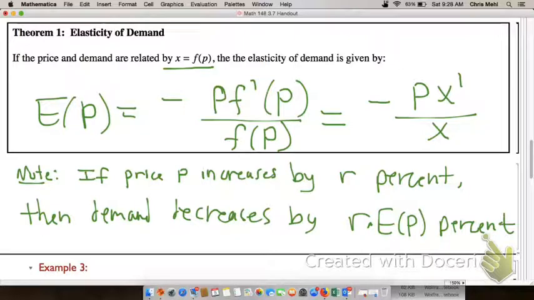And generally, this idea could be used to tell you if you want to increase your price a certain amount, you'll be able to use the elasticity to know if your revenue is going to increase, so you'd take more money in. For instance, say you increase your price by 10%, but the demand decreases by 5%.